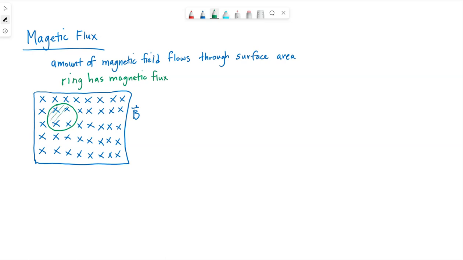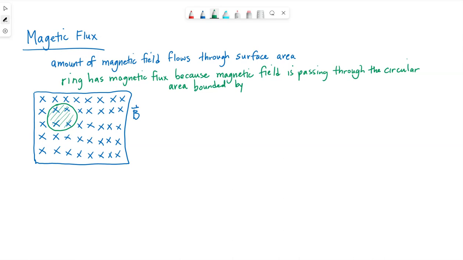The area is this circular area, because magnetic field is passing through the circular area bounded by the ring.